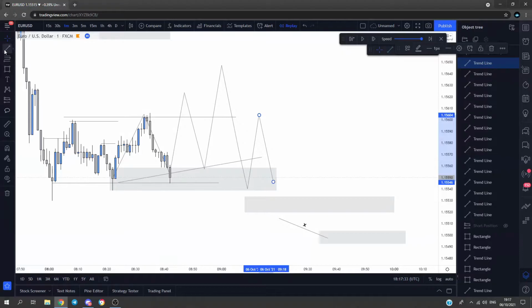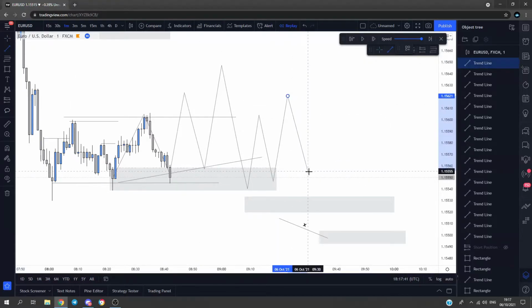Now if price came up and broke this piece of structure, even though it didn't break this structure, I would enter off the order block here. So this would be a confirmation entry. Not only did price break structure here, it created bullish order flow, grabbed sell side liquidity, and then we would enter off this order block to then continue up.